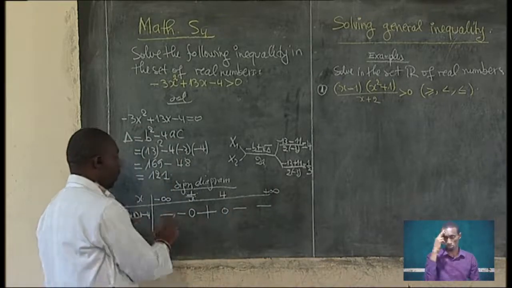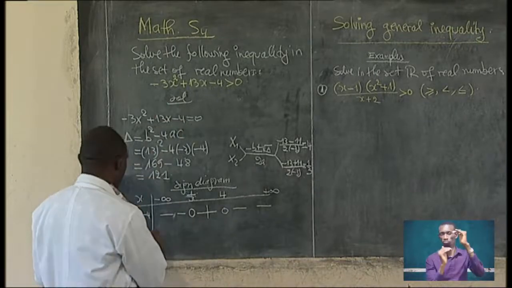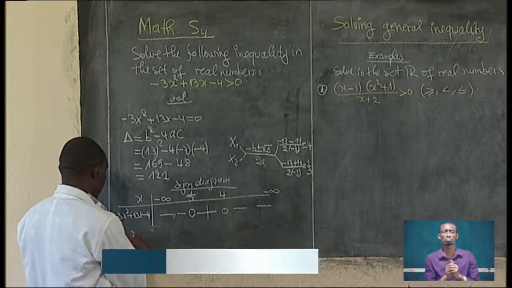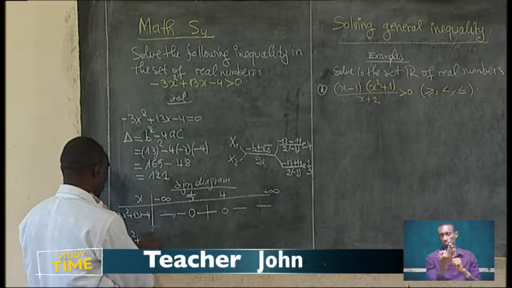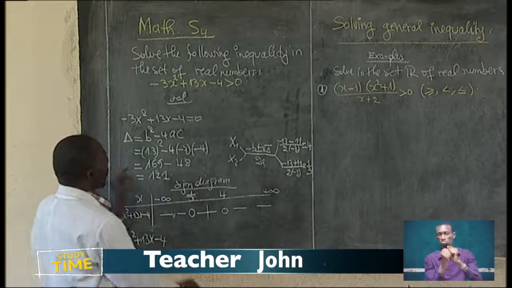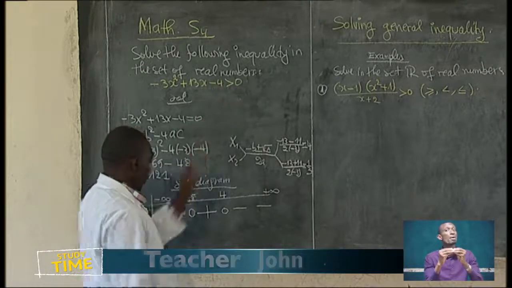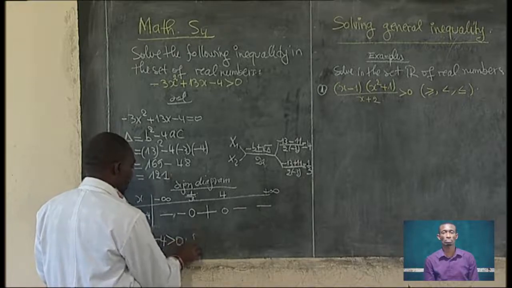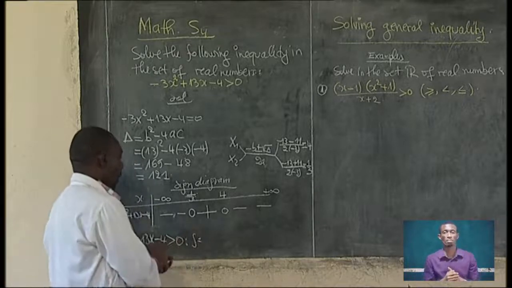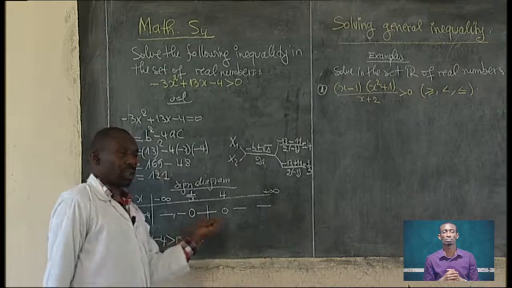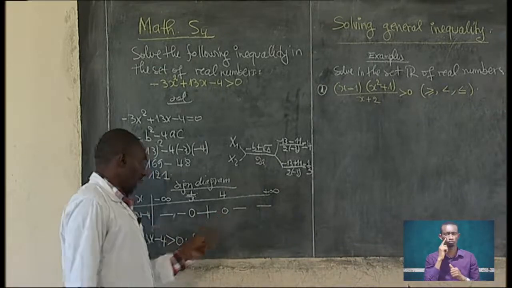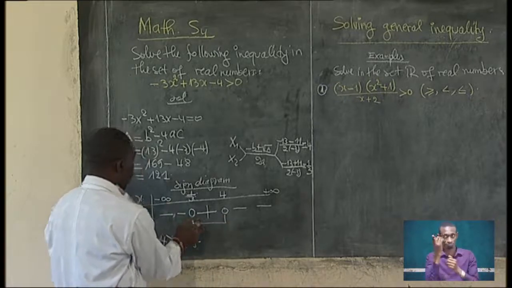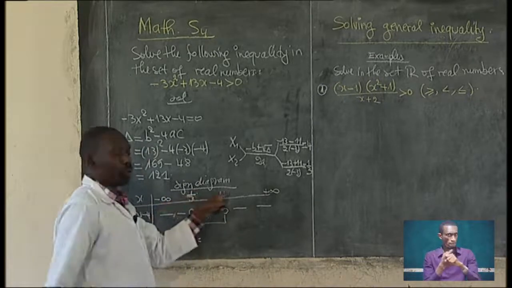Remember that you are solving inequality. So I have to write my inequality, minus 3x squared plus 13x minus 4, which is greater than 0. When it is greater than 0, it means that I'm going to consider the positive interval. And the positive interval is at this level, from 1/3 up to 4.